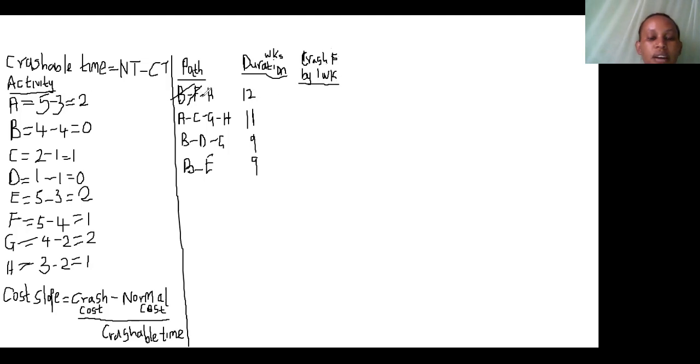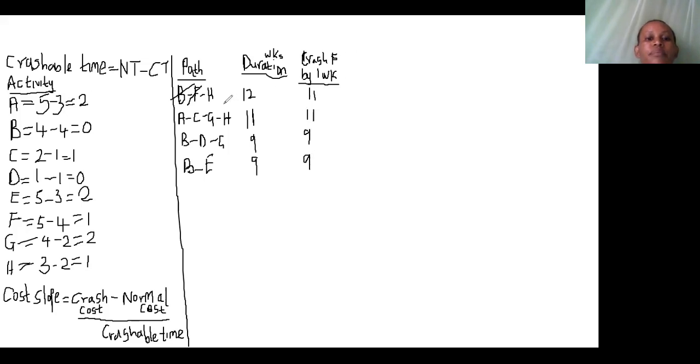Because of F here, our period will now be standing at 11 weeks. No F, our path will still sustain 11 weeks. Again, the other two paths, they don't have an F. It means we are going to have the duration of the two paths at 9 weeks.